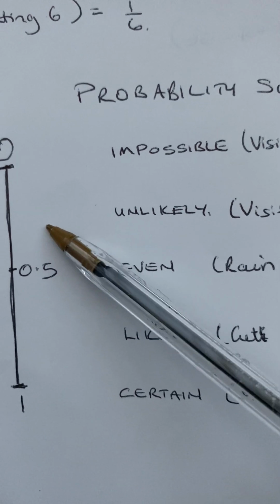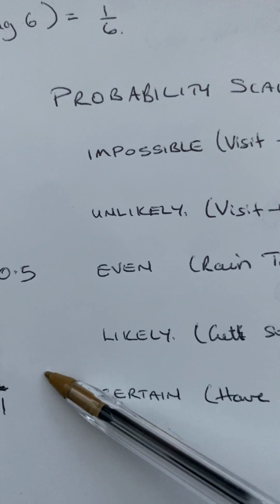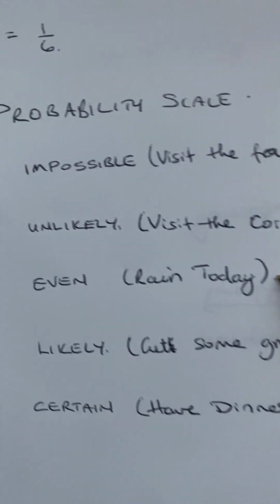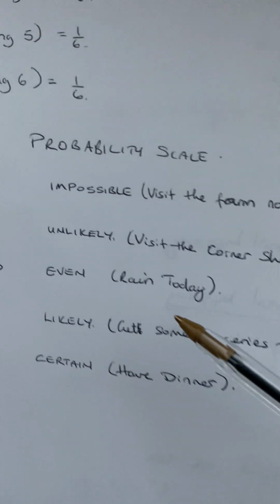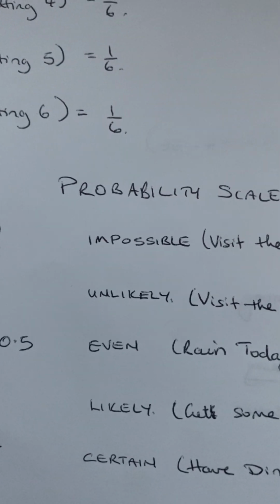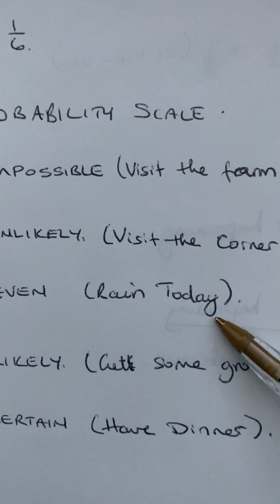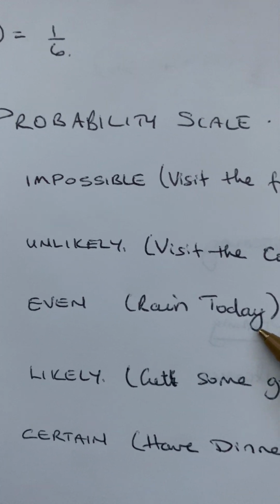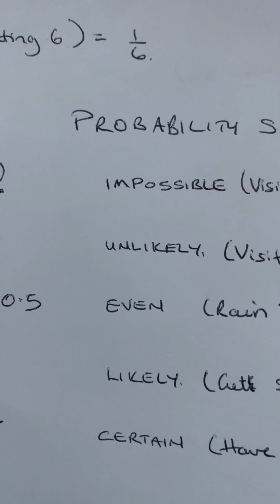Even is halfway between 0 and 1. So, for instance, it might rain today. So far, it hasn't rained, but the day hasn't ended, and there are some clouds in the skies. So we might have a little bit of rain or not.